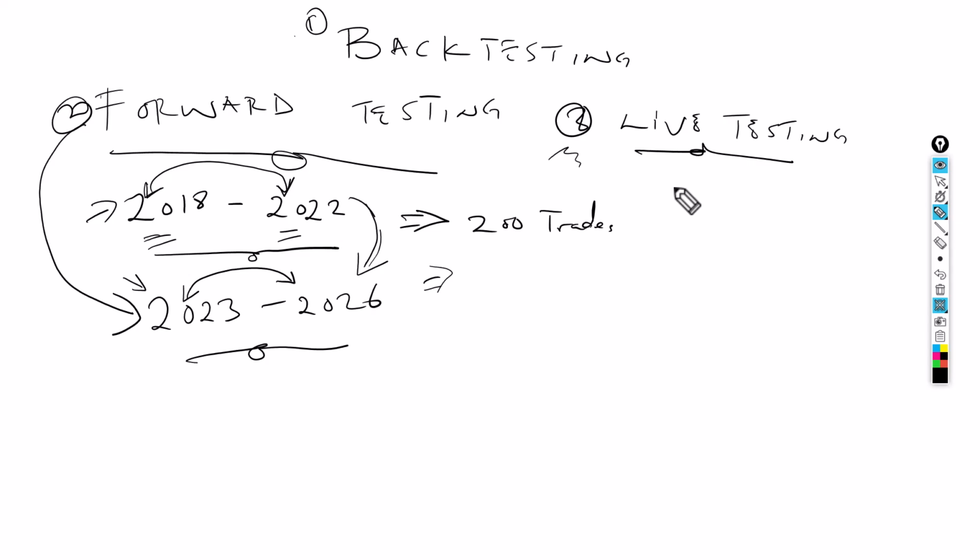Because at that moment our concern is not about making money. Our concern when we are live testing is for you to build the habits of consistently profitable traders, which is for you to flawlessly execute that trading strategy that you've proven to yourself through backtesting and forward testing is actually profitable. And so you would be trading on a small live account.